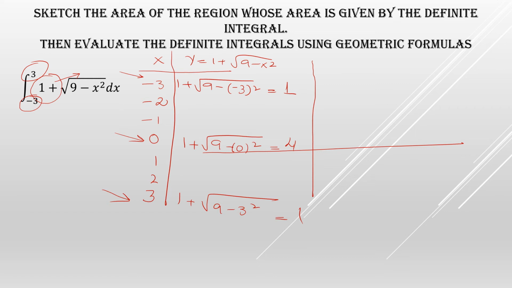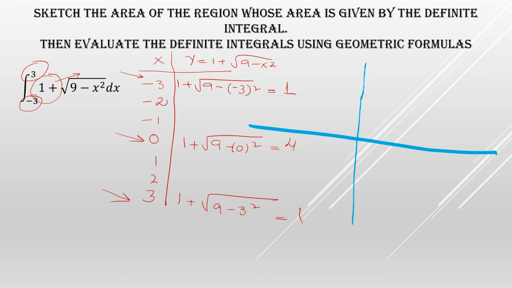So here, again, let me sketch the graph properly so you will have more accurate things to get it. First thing is we are going to sketch our graph. So you will have 1, 2, 3 on the right side, 1, 2, 3, negative 3 on the left side, and 1, 2, 3 and 4 on the vertical side.